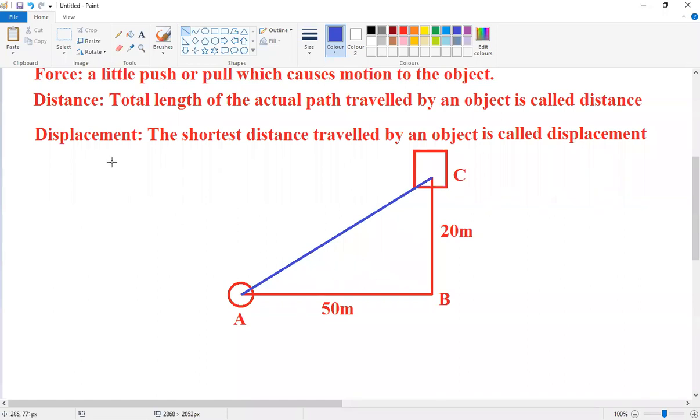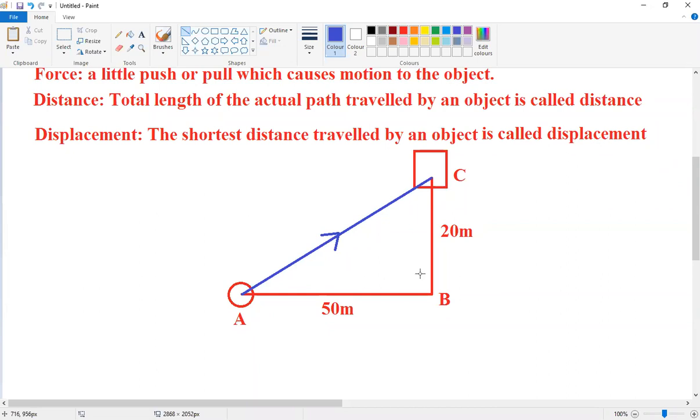But while talking about displacement, you should give a particular direction to it. You can't say only that I got displaced from point A to C by a certain amount.